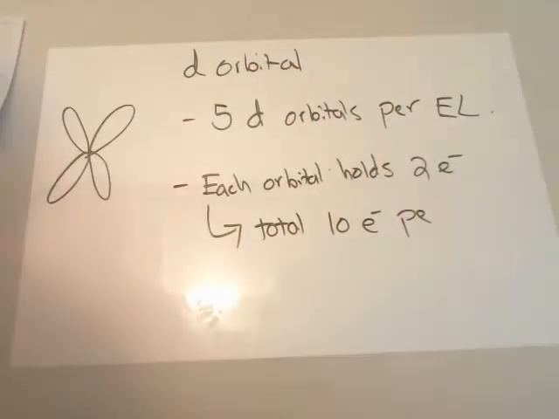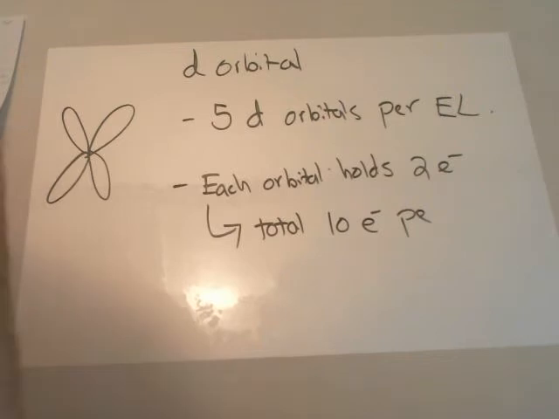Each orbital holds 2 electrons, which gives us a total of 10 electrons in a d orbital.